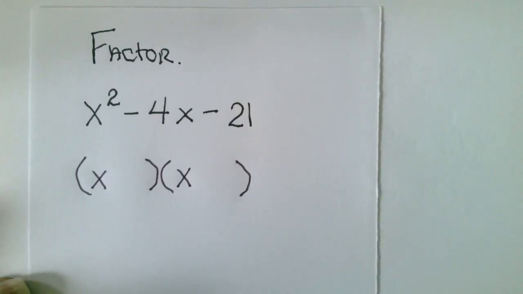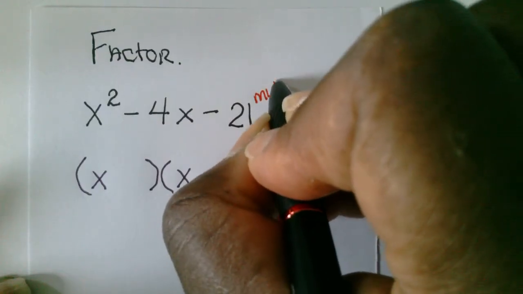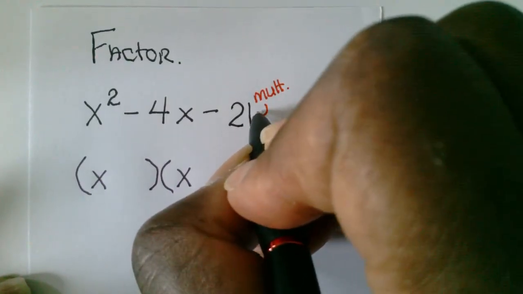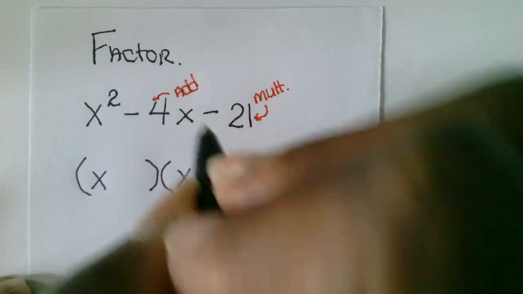Now this is the toughest part, especially if multiplication is not really solidified in your life, okay? At least up to the 12s. So we're thinking of 2 numbers that multiply to give me a negative 21 and add together to give me a negative 4.